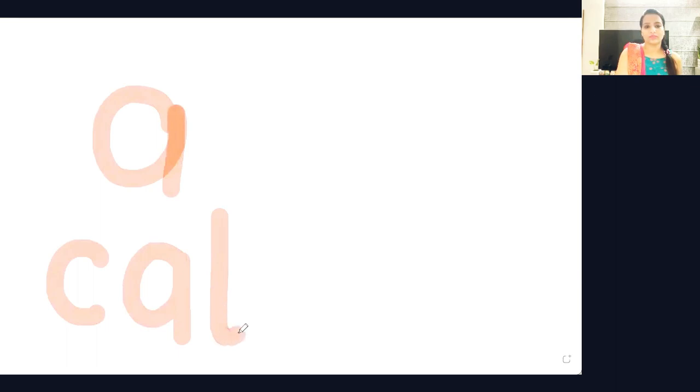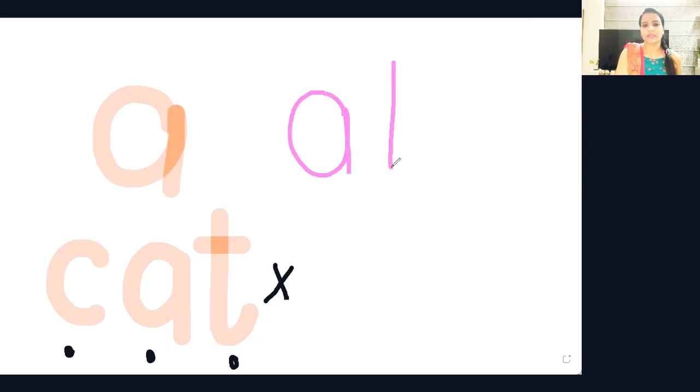Instead of telling these three letters all together, k, a, t, I should not do it this way. I should first tell them what is this sound, a and t.